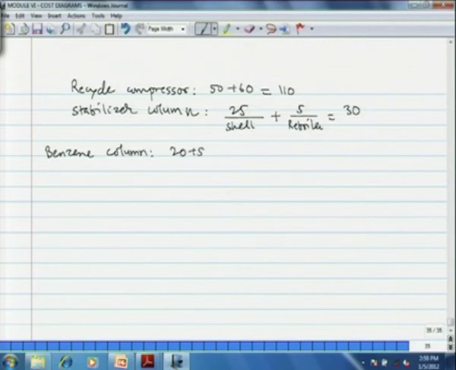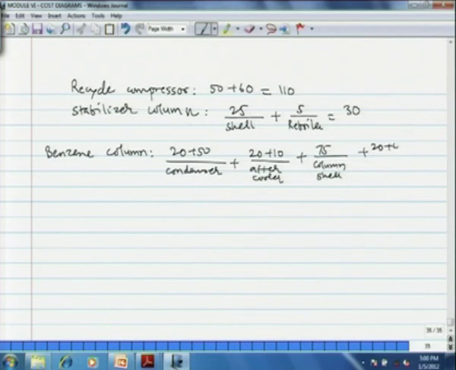$20 plus 50 for condenser plus 20 plus 10 the after cooler plus 75 for column shell plus 20 plus 45 for reboiler, and then total gives 240. And now we put all this cost in boxes and then connect them to make the final diagram.